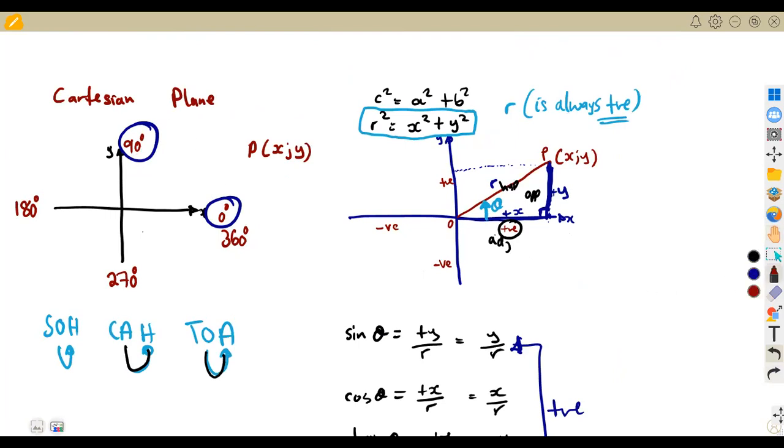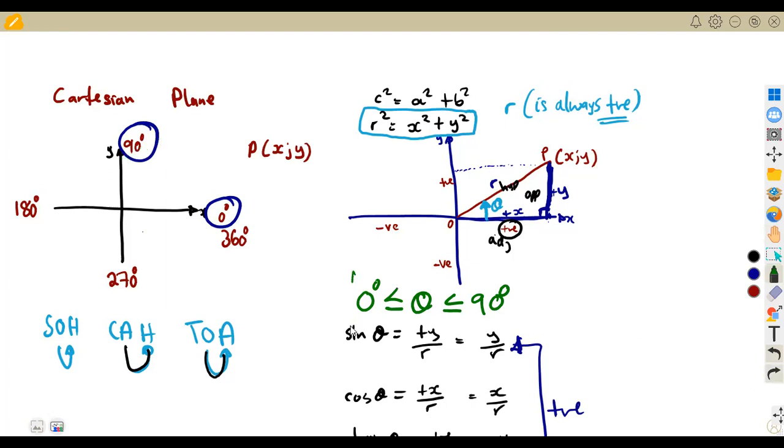So we are going to indicate this as a condition where theta will be greater than or equal to 0 degrees, but less than or equal to 90 degrees. But in a normal condition, our theta is supposed to be less than 90, because it cannot be equal to 90 degrees, because at 90 degrees, that's a right angle.